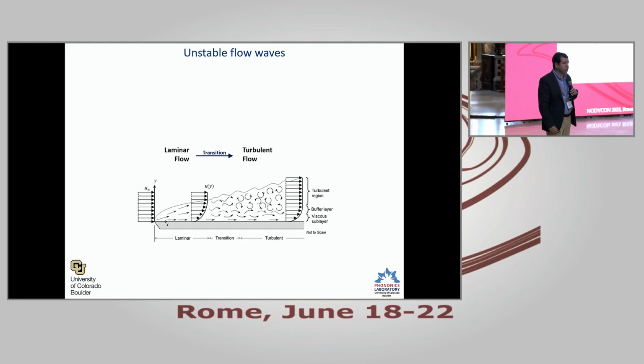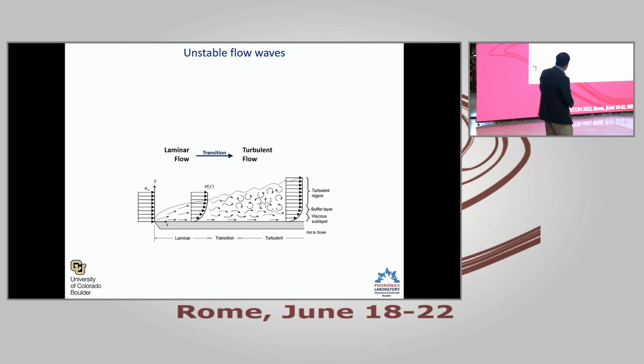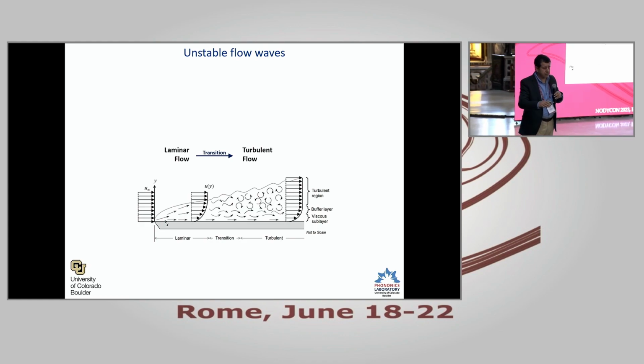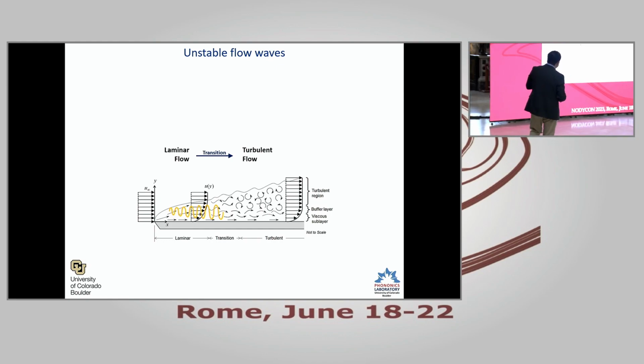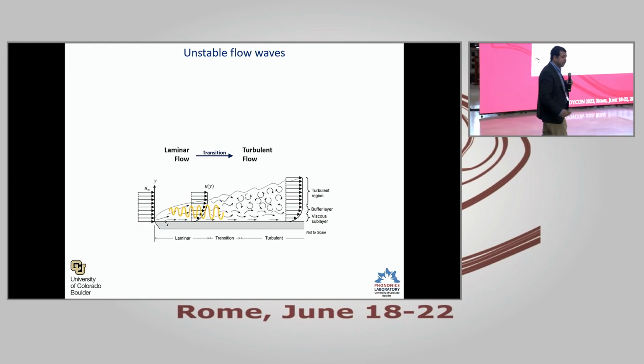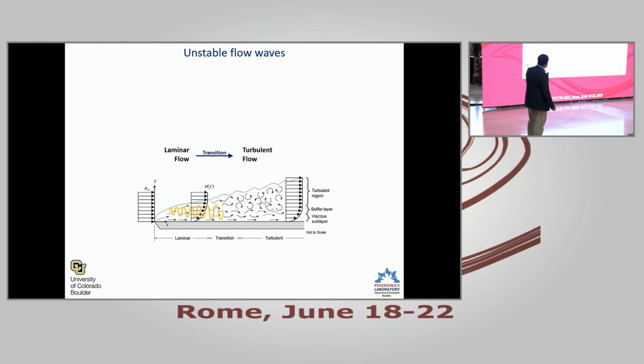All right, so I'll start with a textbook picture. Everybody's familiar, of course, with this picture that demonstrates transition. So we know that in a laminar flow, we can possibly, in some instances, have an instability, or a disturbance that may come across due to different reasons.